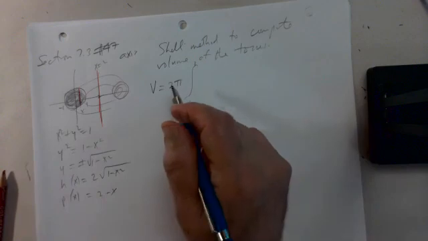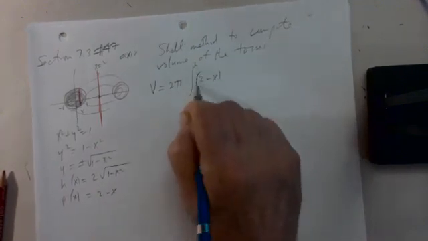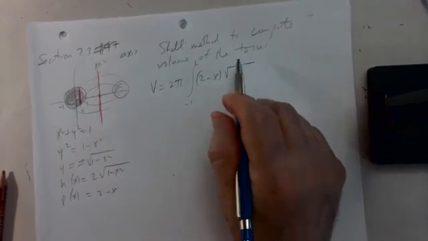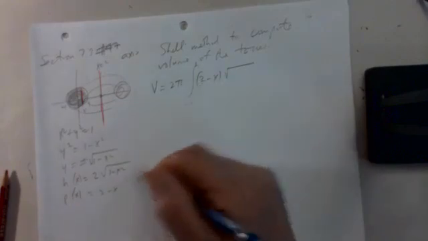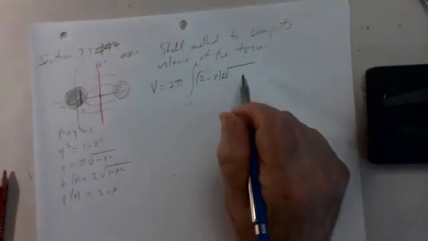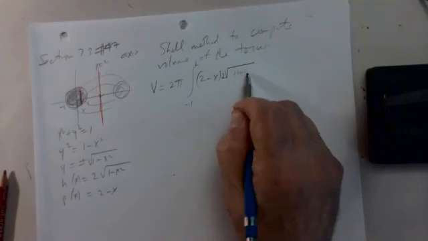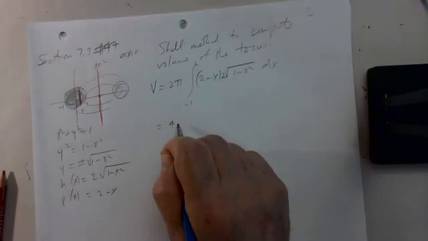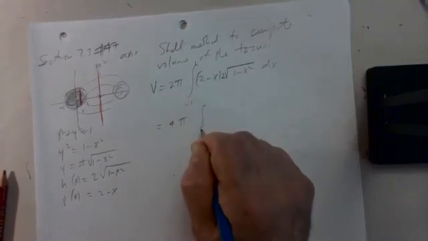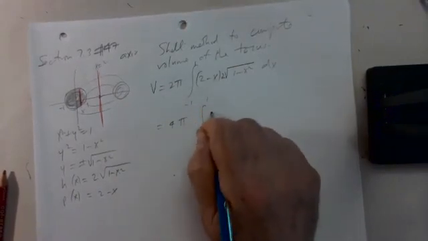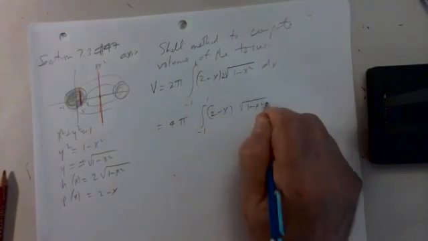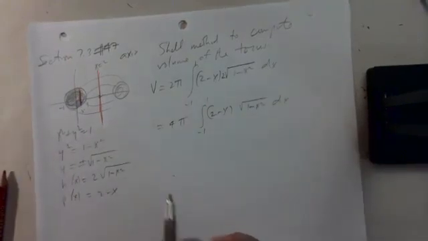P of x is 2 minus x, times 2 times the square root of 1 minus x squared dx. So take this 2 out, this is 4 pi, the integral from minus 1 to 1 of 2 minus x times the square root of 1 minus x squared dx.